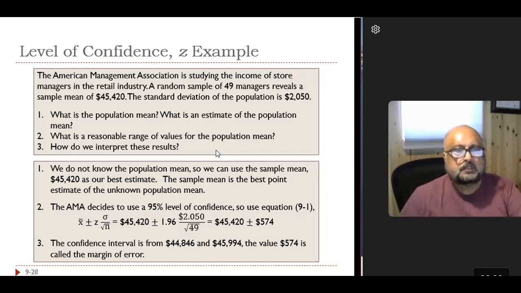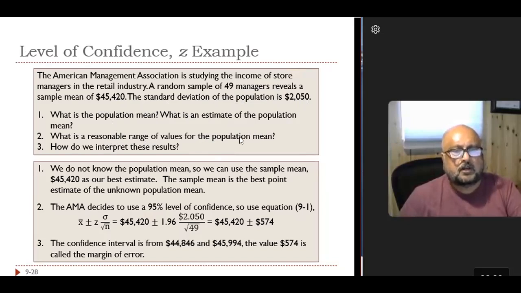Okay. So we can use this to solve a problem where you have 49 managers. They have a sample mean of salary, their income, and the standard deviation is 2050. Then it asks: what is the estimate of the population mean?